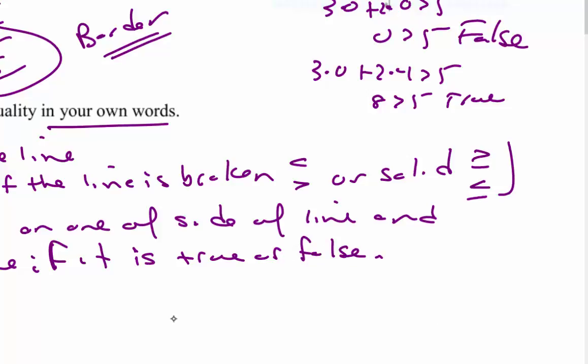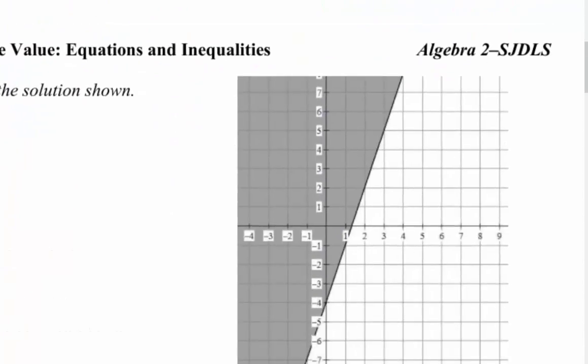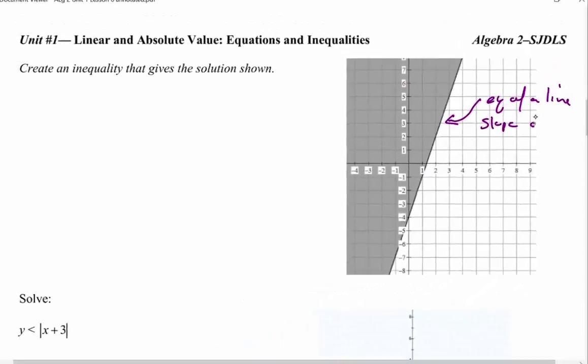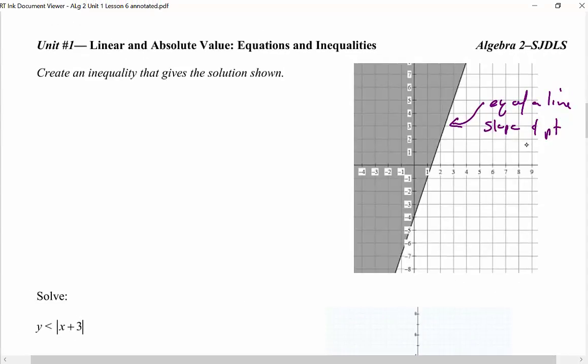That's it. Okay. So, we're going to create an inequality for this graph. So, I need the equation of that line. So, to do that, I need slope and a point. So we've got to try to find a point whose coordinates we know for sure.